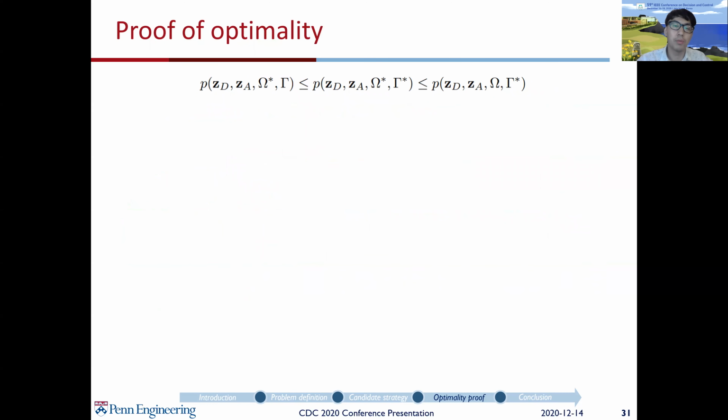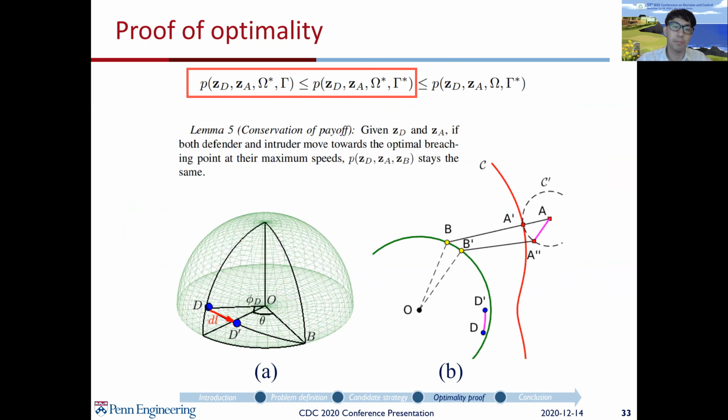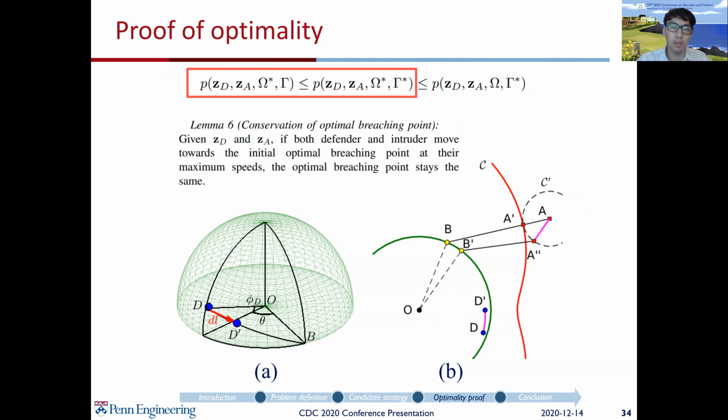And for the proof of optimality, for the left part of the Nash equilibrium, we prove the conservation of payoff, where along the barrier curve the payoff remains the same. You can follow through this lemma.